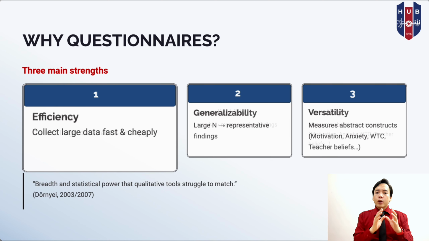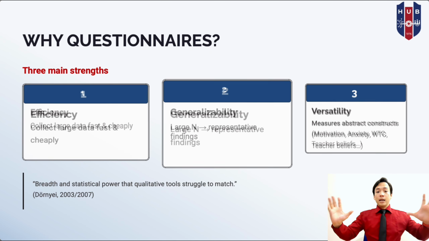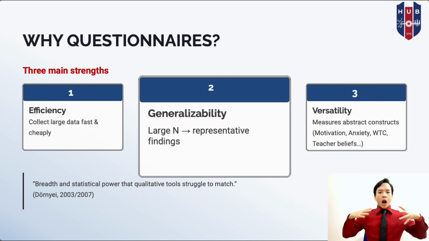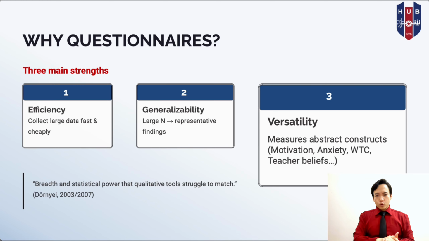Now, let's consider why questionnaires are popular in applied linguistics. Dörnyei 2007 emphasizes that questionnaires are extremely efficient. Instead of interviewing 200 students one by one, a researcher can gather responses in less than 20 minutes. Because of this scalability, we can study a large sample, which improves generalizability of our findings, something that case studies cannot do.